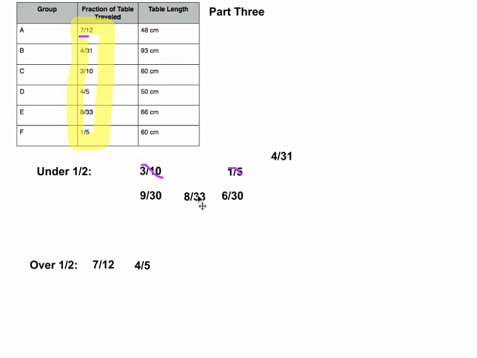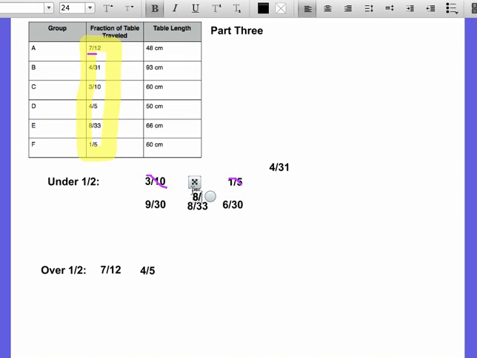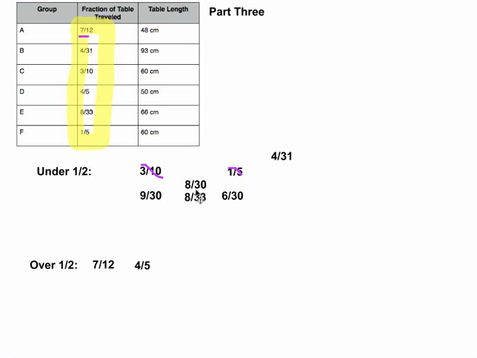And now I have these left. 6 out of 30, 9 out of 30, or 8 out of 33. Well, if this was 8 out of 30, we can think about that as 8 out of 30, and it's not, it's 8 out of 33, but if it was 8 out of 30, it would be bigger than 6 out of 30 and smaller than 9 out of 30.